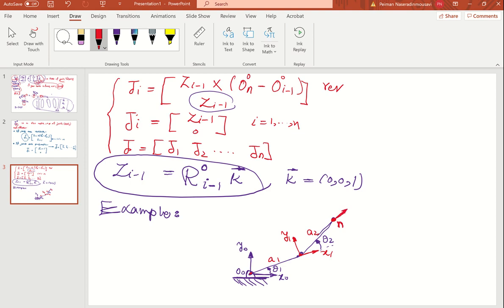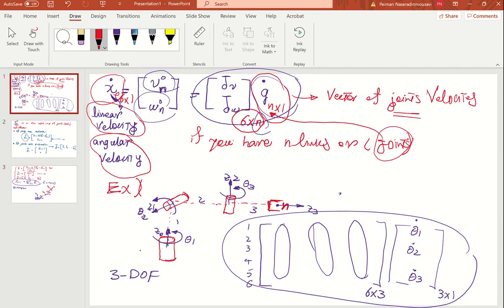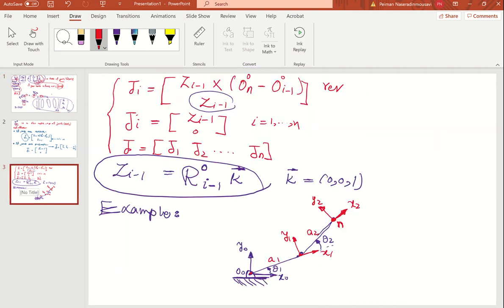Again, I'm putting this as x2 and y2. Let me double check the example I had previously. Okay, so this is how we can set up our coordinate system.